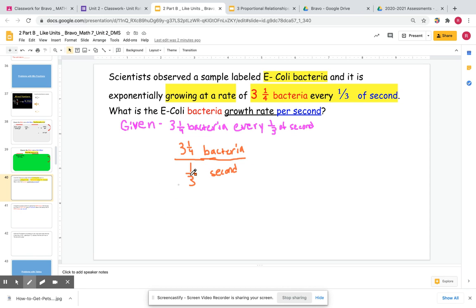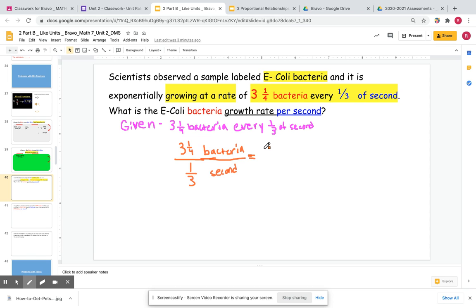But anyways, step one is to write this down. Step two is to disconnect or split and group your numbers away from your variables or symbols or units. So our units for the numerator is bacteria. Our units for the denominator is seconds.